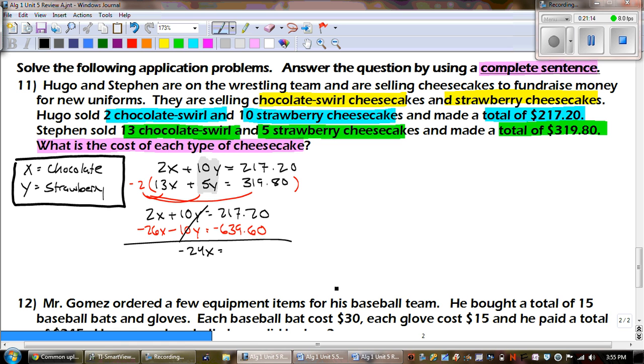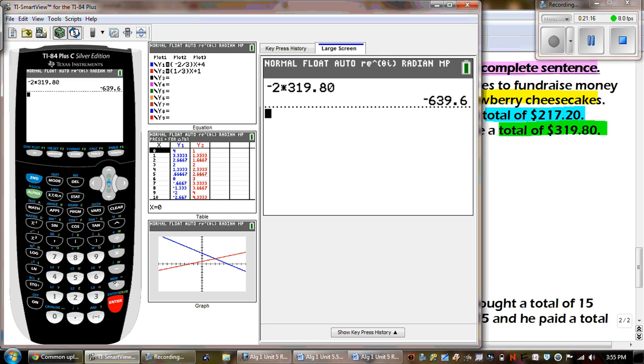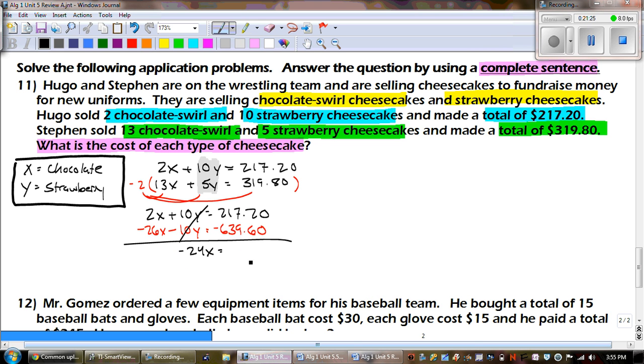-24x equaling, well, we gotta add that other part, the 217.20. We're at -422.40. And the last step would be to divide by -24.